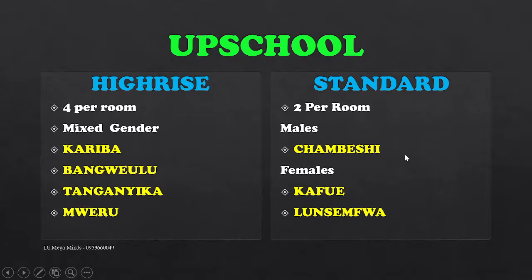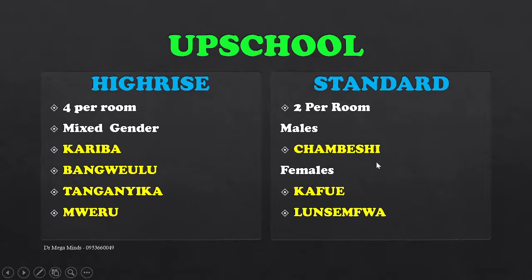Chambeshi, I didn't like it very much. It wasn't appealing when I was at main campus. It was quite messy. But I hope in the years following, it is worked on and looks better. But for guys who are looking to be in a room for 2 and it is up school, you only have Chambeshi.